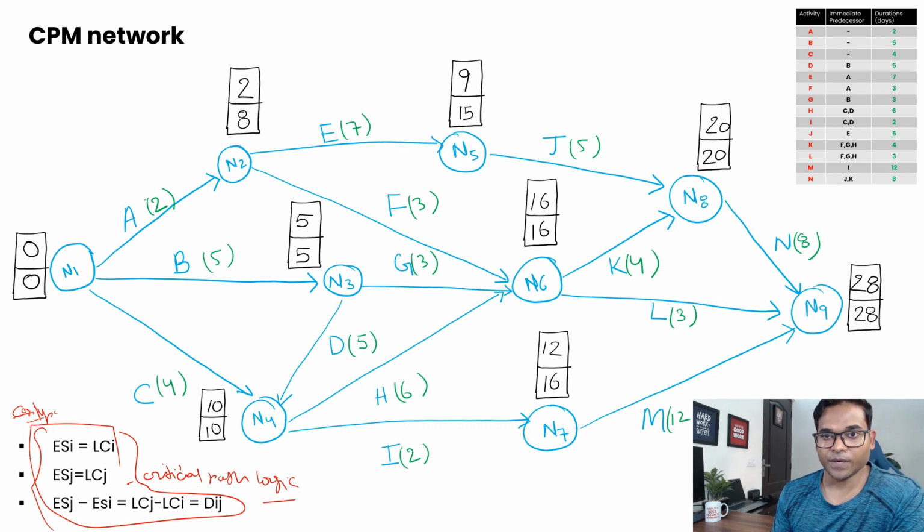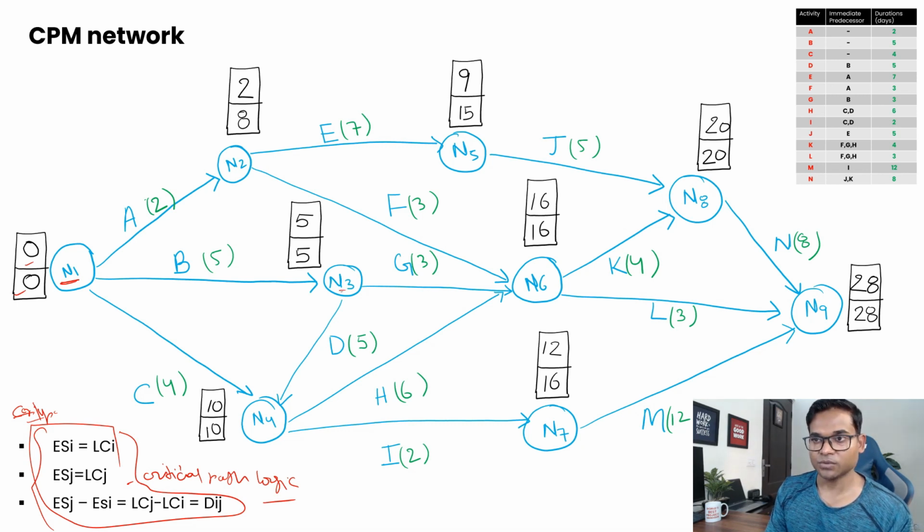So let's start by identifying N1. Remember what we earlier learned, that your early start should be equal to your late completion. So here if you see 0 and 0, these are equal, it means this will be part of your critical path, this node. Then we have node n2 here, ES is 2 and late completion is 8, so it's not going to be part of your critical path.